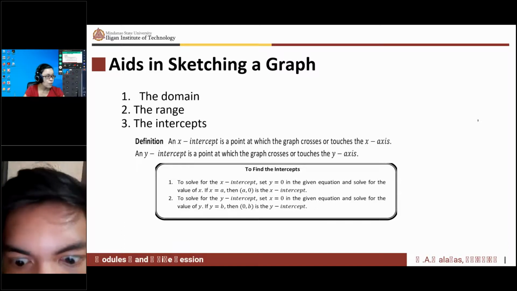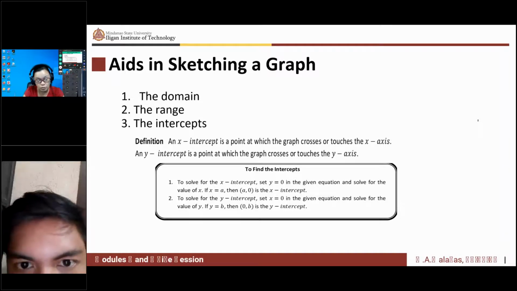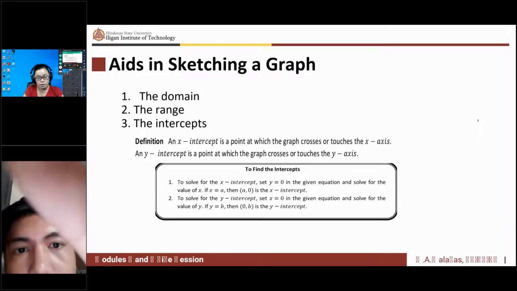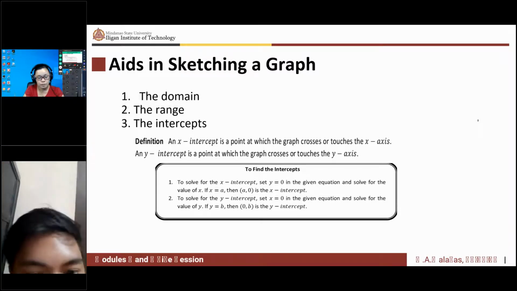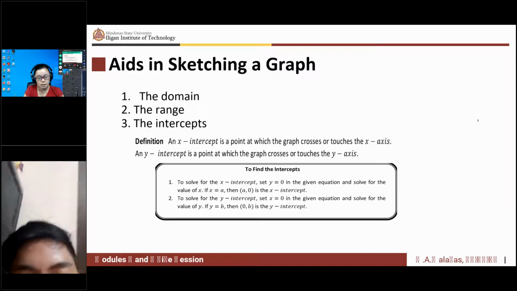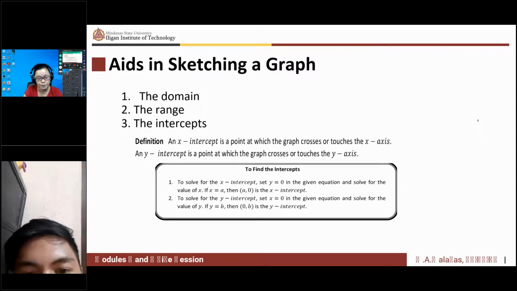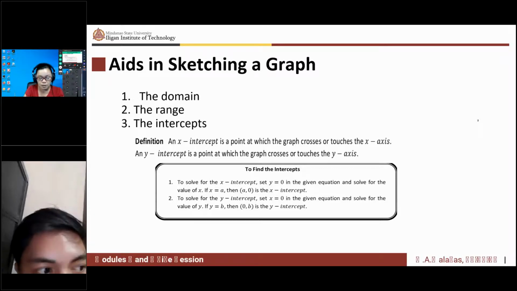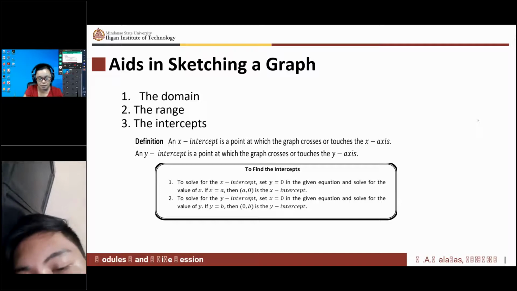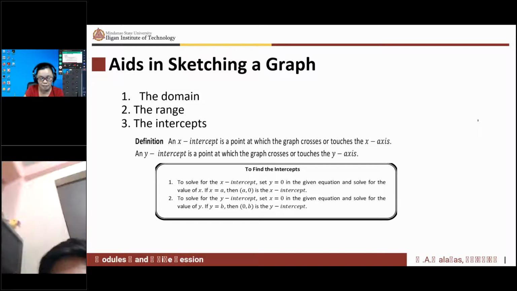Then we also have to look at the range, because those values of the domain and the range will constitute the locus of the points in the solution, so that those will consist the points in the graph. And then we also look at the intercepts. These are the points where the graph intersects the axis.